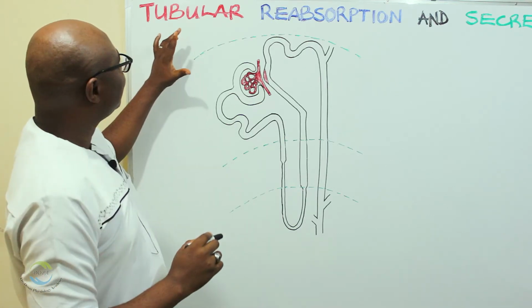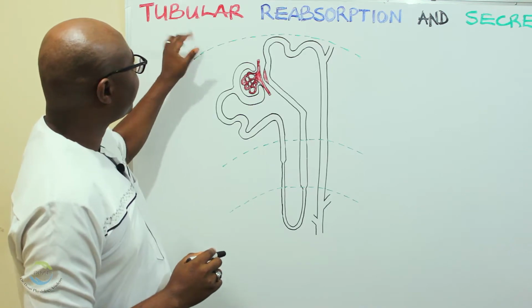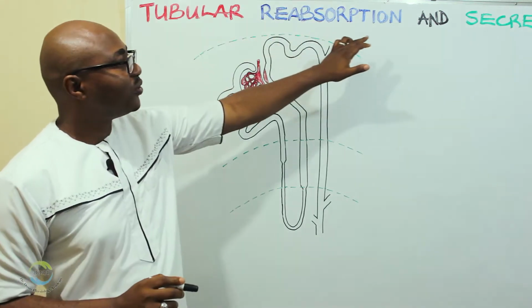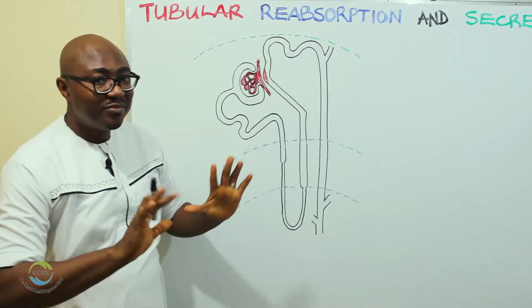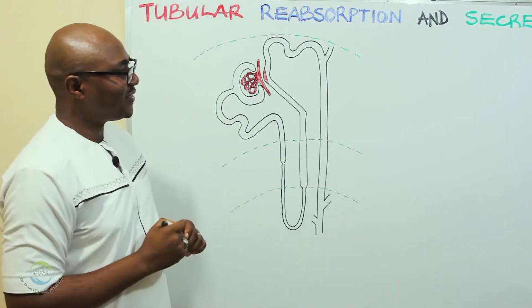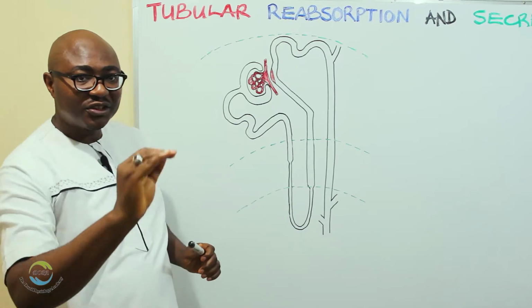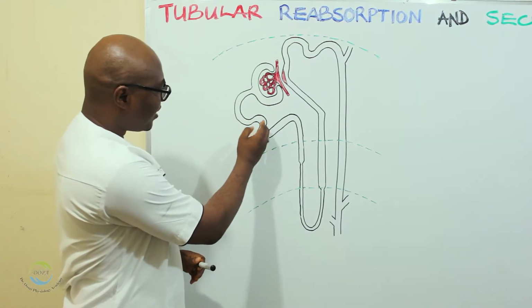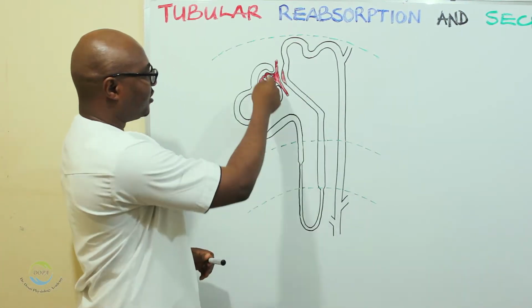So now we're going to be doing lecture 4, Tubular Reabsorption and Secretion. Remember that we talked about there are 3 basic renal processes: glomerular filtration, then tubular reabsorption, and secretion.